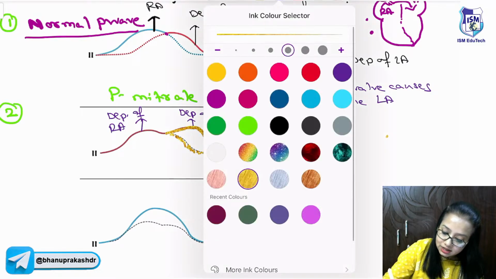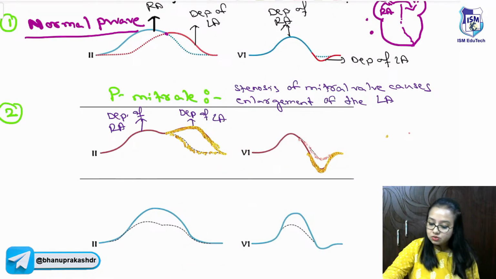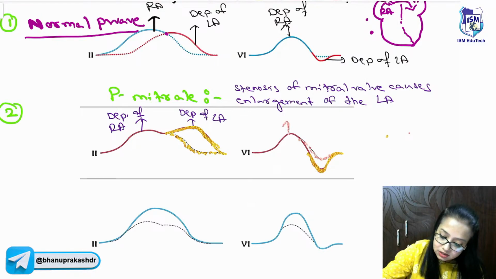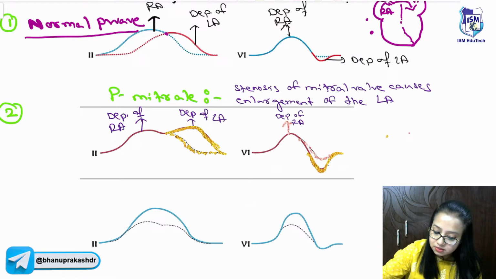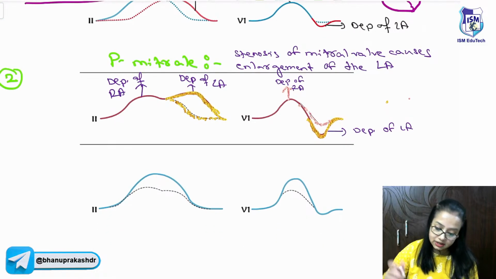It should ideally have been like the dotted lines, but here the depolarization of the left atrium goes more below. So this is the depolarization of the right atrium, whereas this is the depolarization of the left atrium, which becomes more negative.